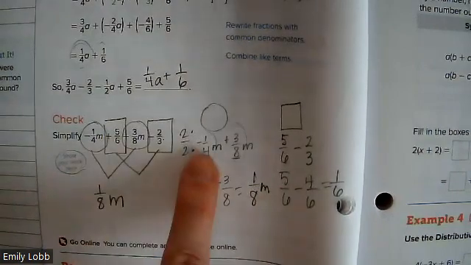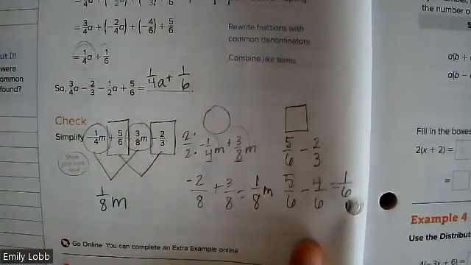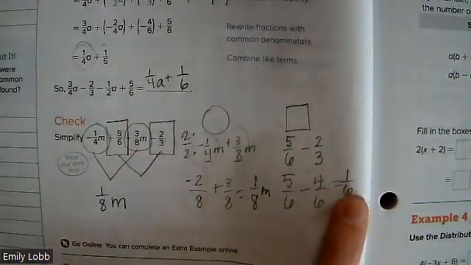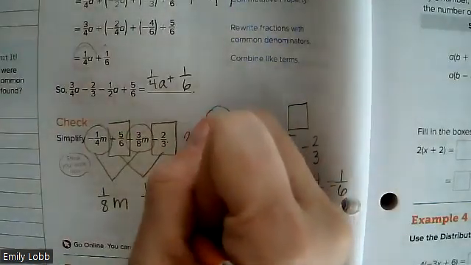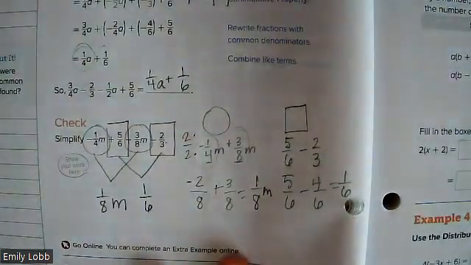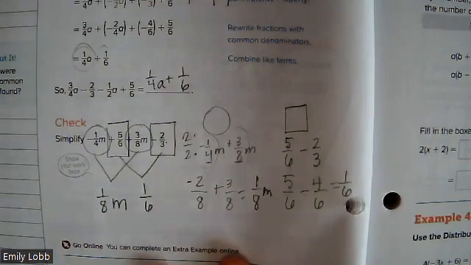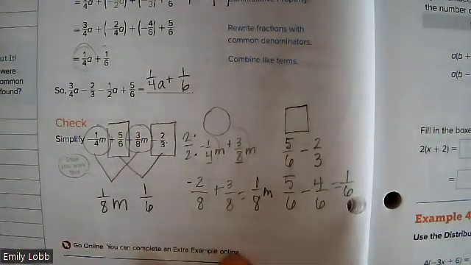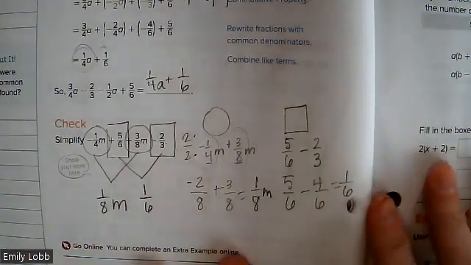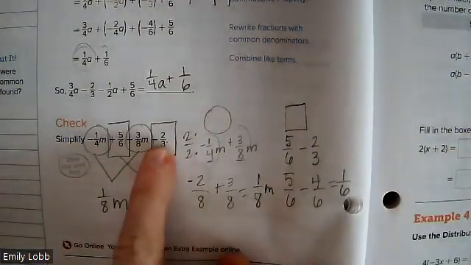So now we can combine these two fractions here. And what did we get for that? 1/6. Was this positive or negative? Well, 5 minus 4, our bigger number was positive. So this is still positive too, right? Unless we missed a sign along the way, which I don't think we did.